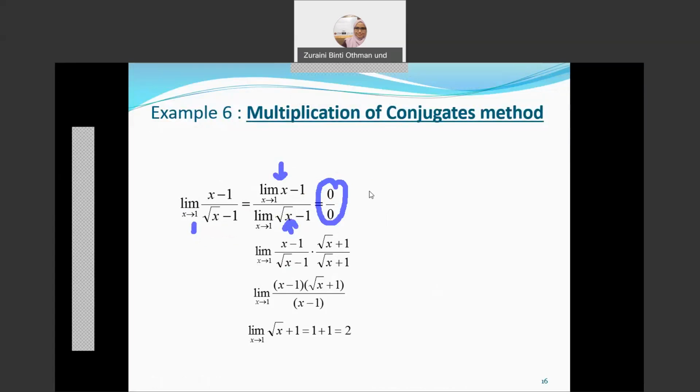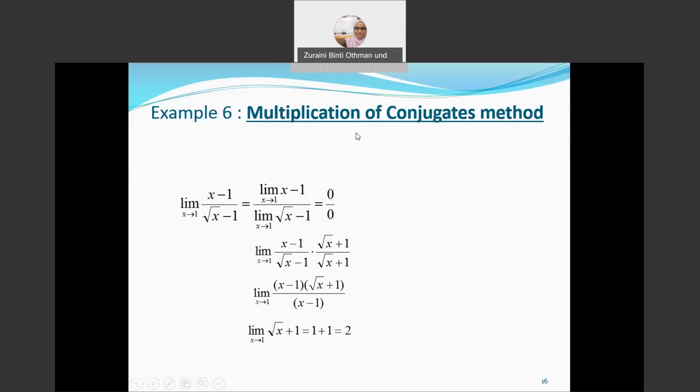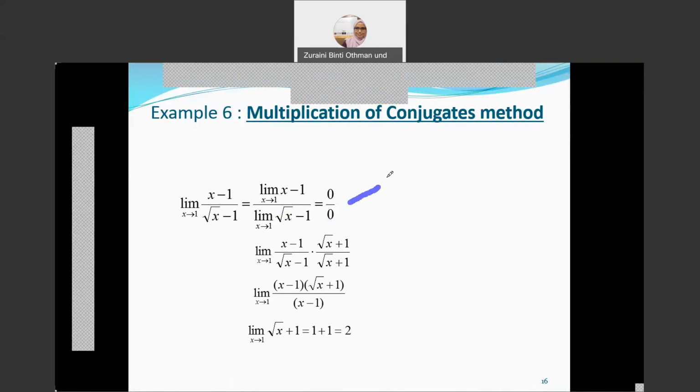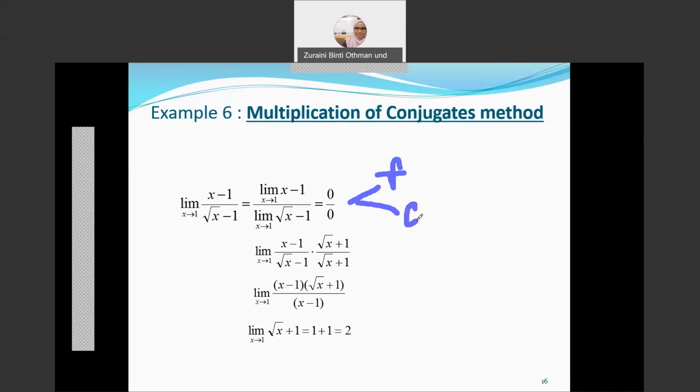Here we know that we have two types of solution when we get the pattern 0/0, whether we want to find it by using factorization or by using conjugate. But for this type of function we can't find the factorization, so the only choice is conjugate.